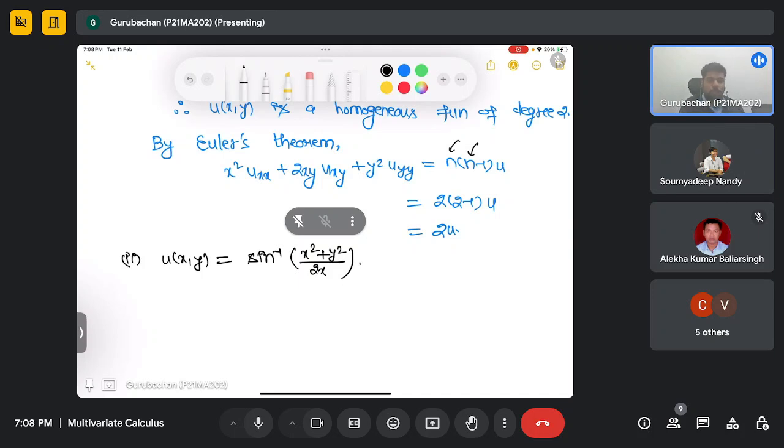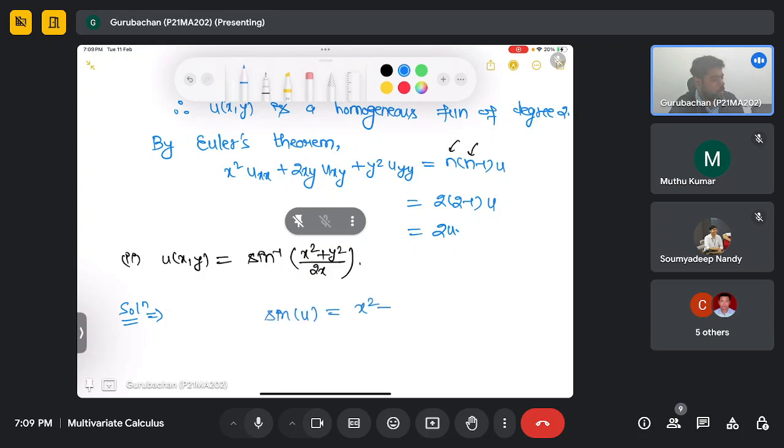Okay, so can we make it homogeneous? I understood it is not homogeneous, but can we make it homogeneous? Yes. We can make it homogeneous by writing sine u equal to x square y square divided by 2x, and we will assume this function now as some h(x, y).